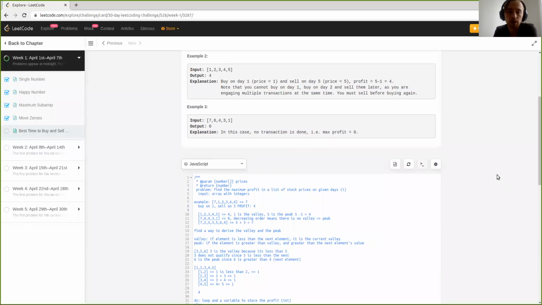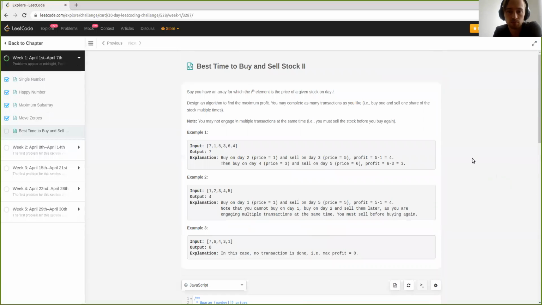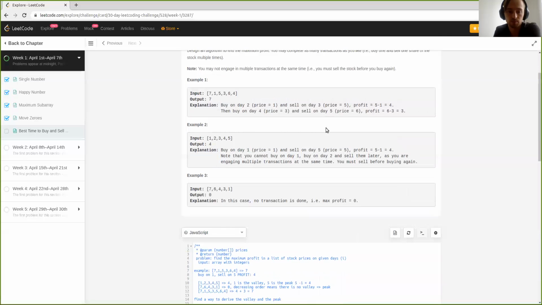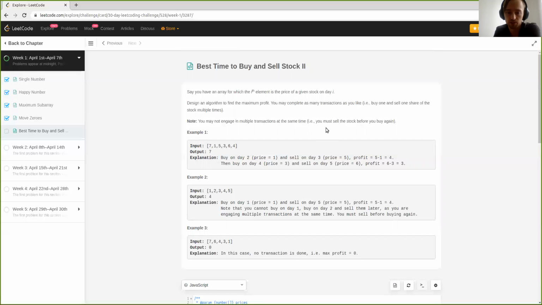Some questions about this. If I was doing this in an interview, I would ask if we're guaranteed that the array only has integers, because they don't explicitly say it in the details of the question. They might throw in floats, they might throw in strings or objects which contain the stock prices. You can't know without asking.